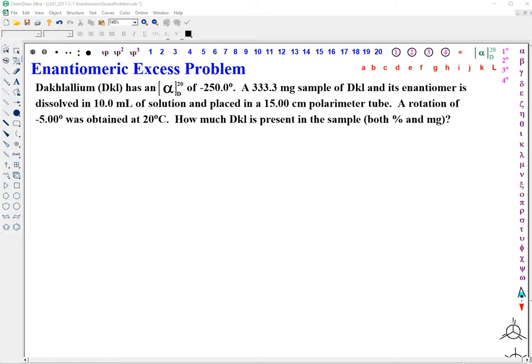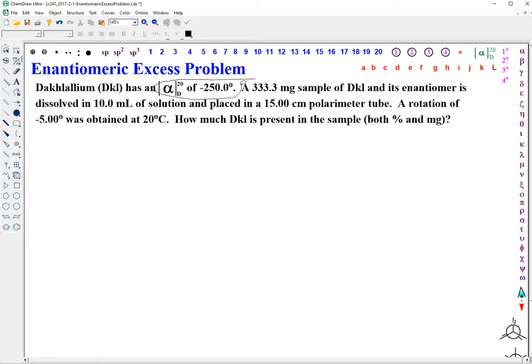It was suggested by Abraham Doclala that I create a video that illustrates how to solve an enantiomeric excess problem. So in honor of him, we have a new molecule, doclalium, which has a standard rotation of negative 250 degrees.